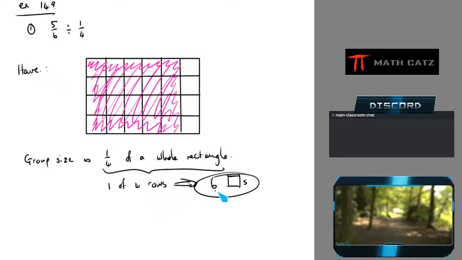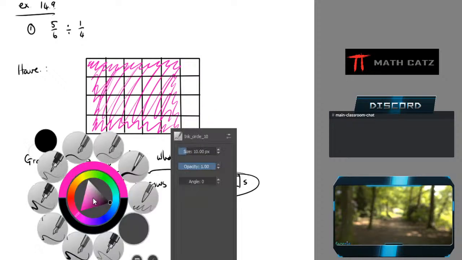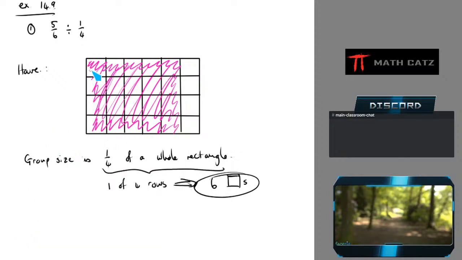By simply looking at what I have and making groups of 6. I'll use blue so it's easy to spot. So let's make a group of 6.